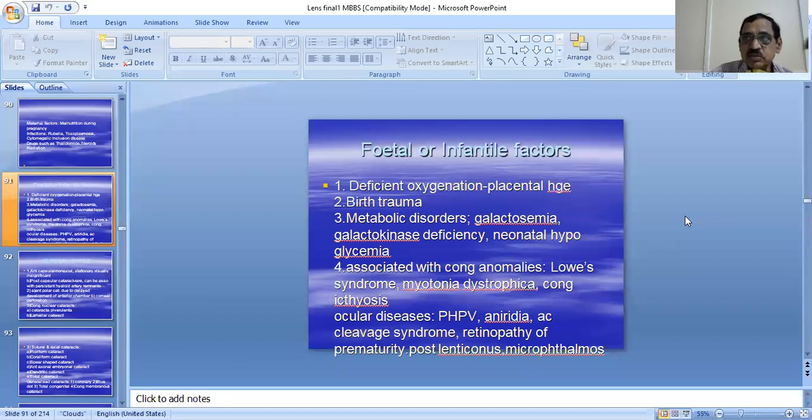Then birth trauma: in forceps delivery, the blades of the forceps may hit the ocular structures and give rise to an infantile cataract. And metabolic disorders in the child, such as galactosemia, galactokinase deficiency, and neonatal hypoglycemia, can give rise to cataract formation.